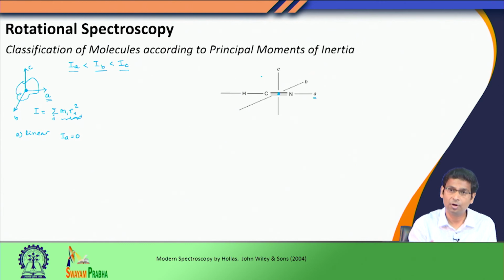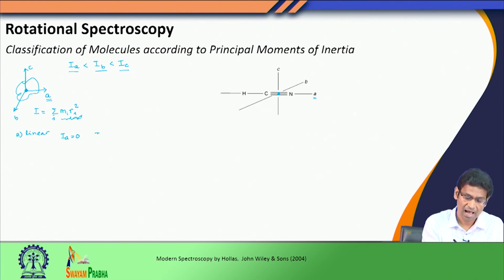In both cases, the moment of inertia around the C axis and the B axis will be the same. So, in this case I_C becomes equal to I_B and I_A equals 0.